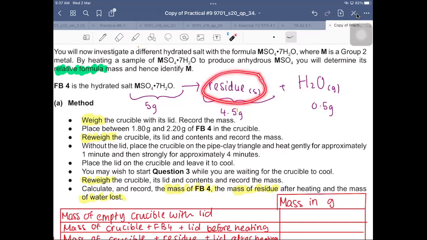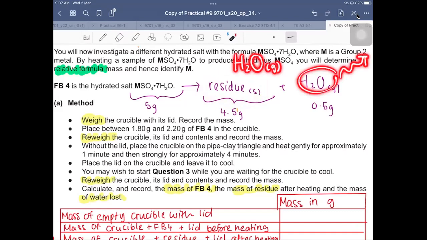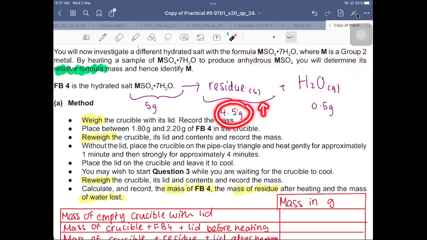That's why we put a lid onto it. If we have vapor from the environment, from the surrounding, making contact with the residue, then this mass would go up.